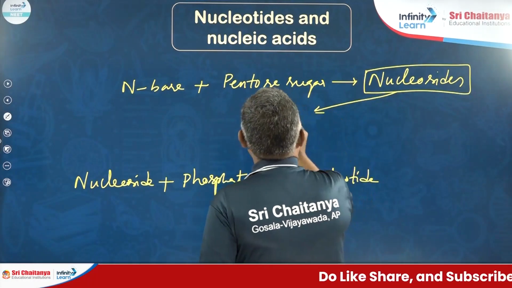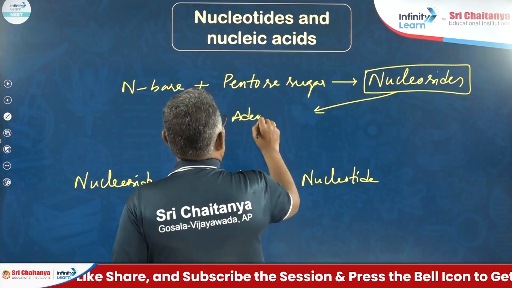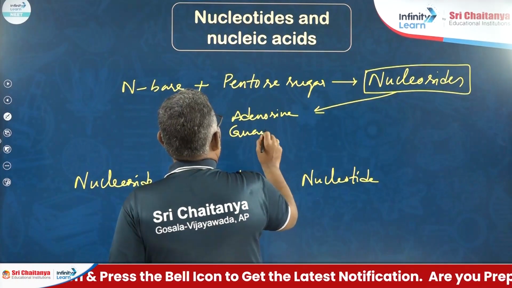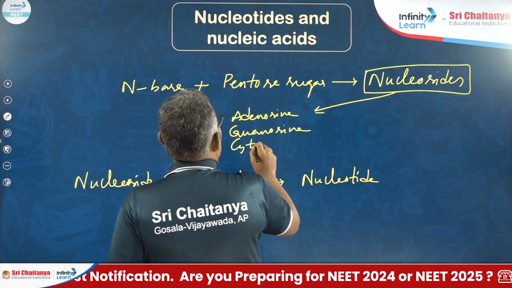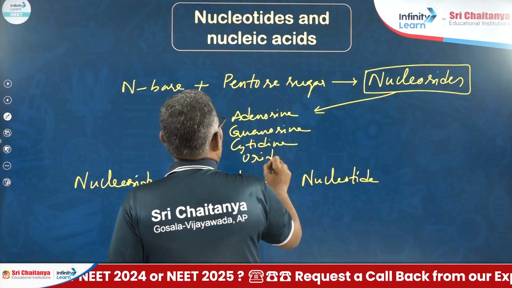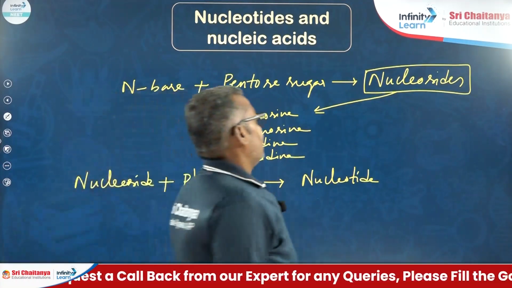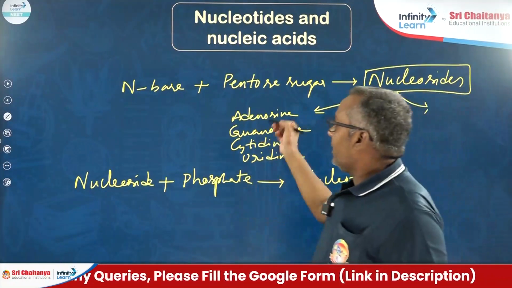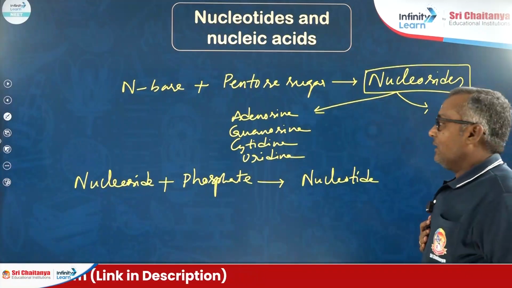If you take RNA nucleosides, they are adenosine, guanosine, cytidine, and uridine.